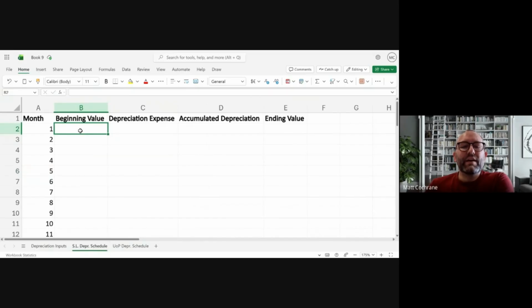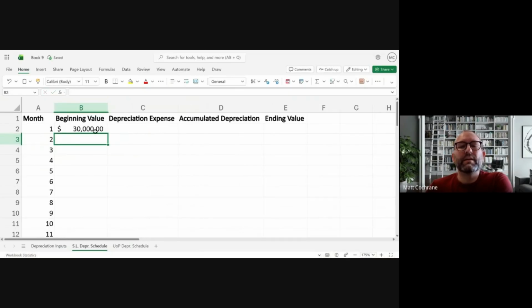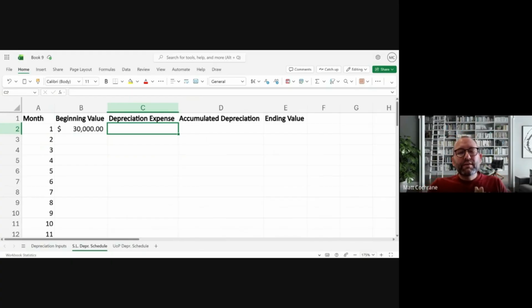So our beginning value, we just want to link this one to that input of cost. Next we want to deal with the depreciation expense. When we're looking at straight line, we're just allocating this $30,000, and actually minus the salvage value, so the 25,000, over the life of the asset.